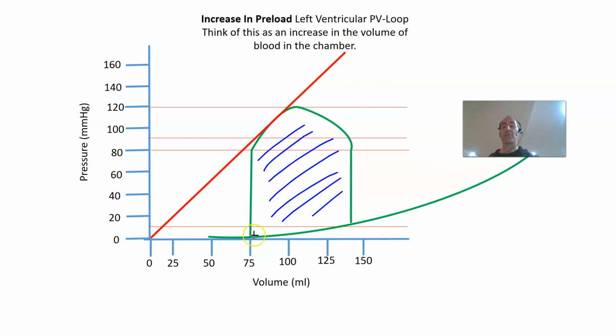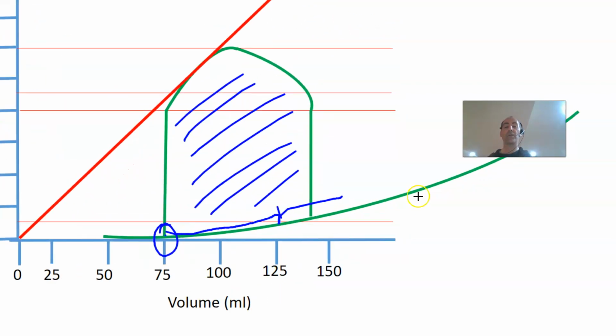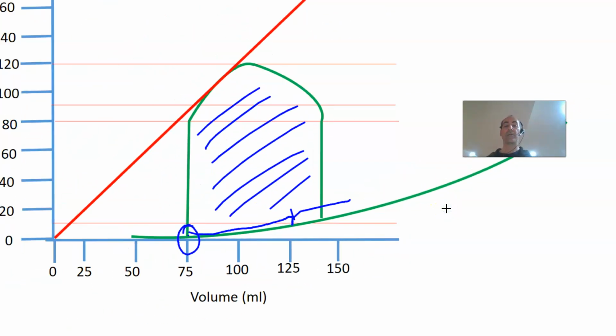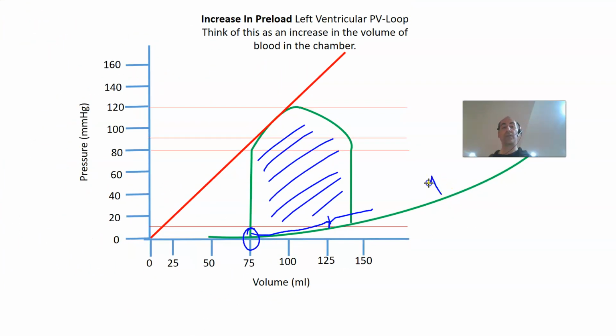Three, you always start all of these examples, after you've drawn them, from this point here, and you start moving forward and you start asking yourself questions. Does the preload change? Is it less or is it more? Does the diastolic curve change? Does it go this way? Does it go this way?